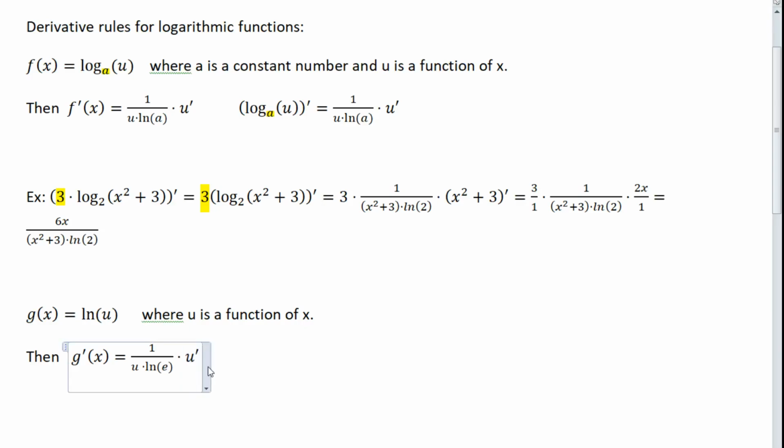But here, since it's ln of e, all of this cancels out because it's just 1. The ln of e is just 1, so you will have 1 over u multiplied by u prime.